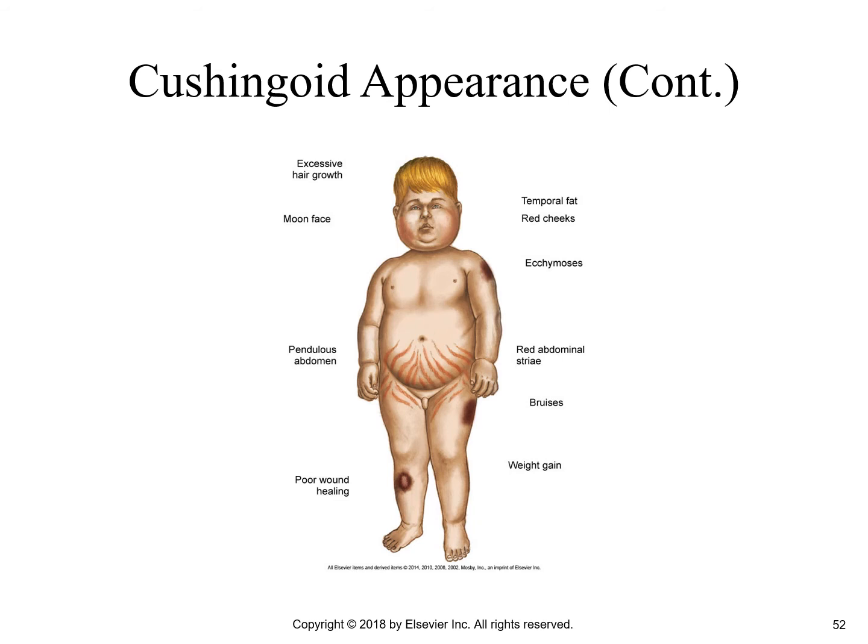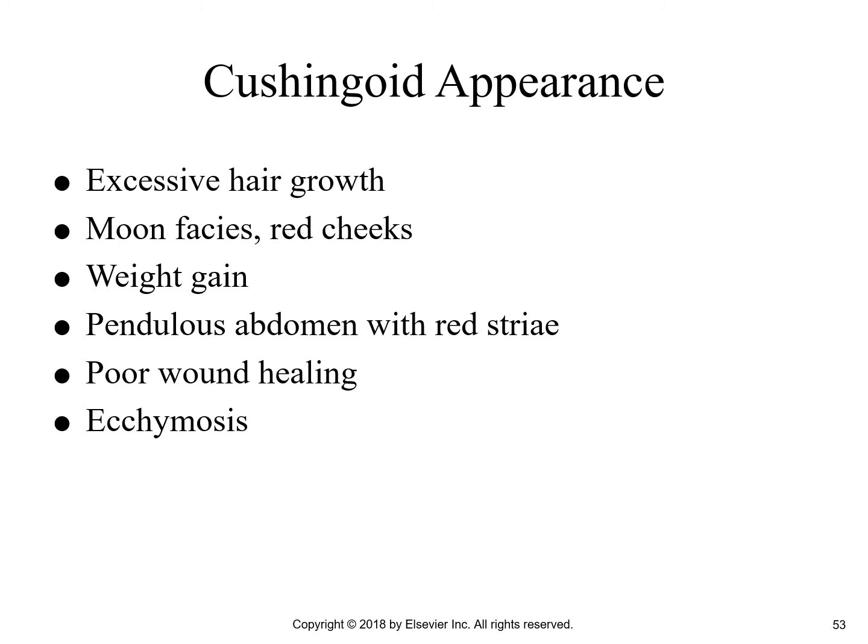They bruise easily, they gain a lot of weight, their wounds are hard to heal, and they lose that childlike appearance. Excessive hair, moon face is what they call that, the big round face. Red cheeks, weight gain, pendulous abdomen with red striae.